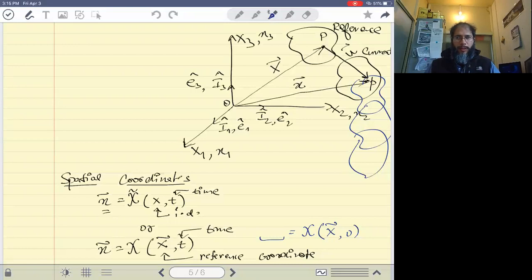My question is that kappa is a function which takes the reference coordinates and the time, and it tells you what the current coordinate of the body is. If I take kappa of capital X comma 0, what will I get?